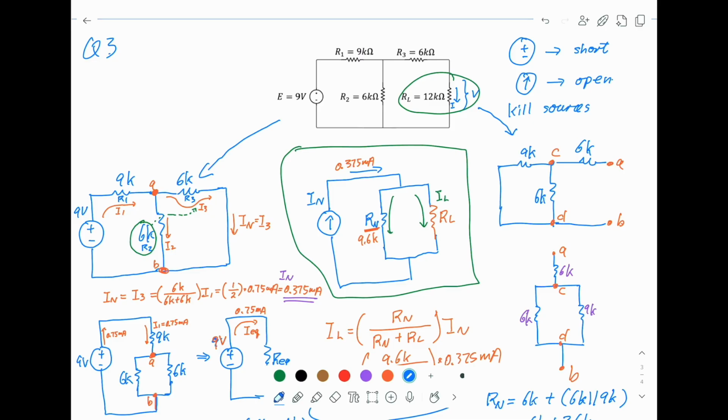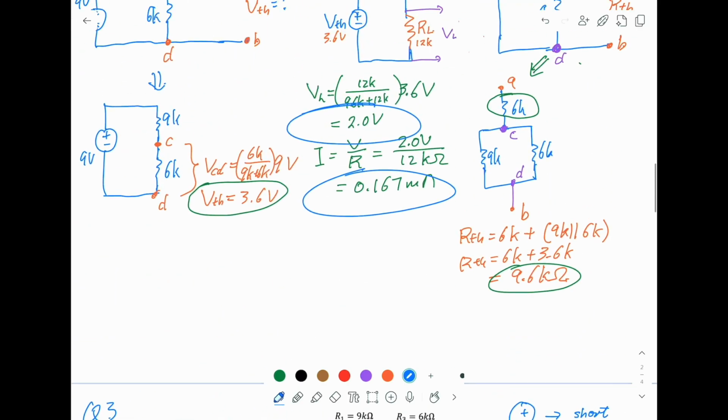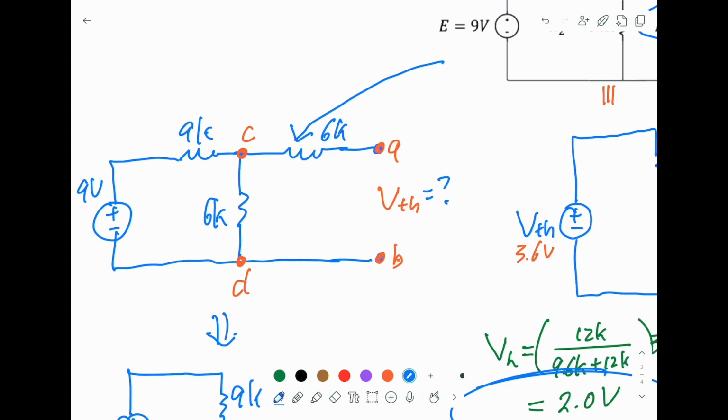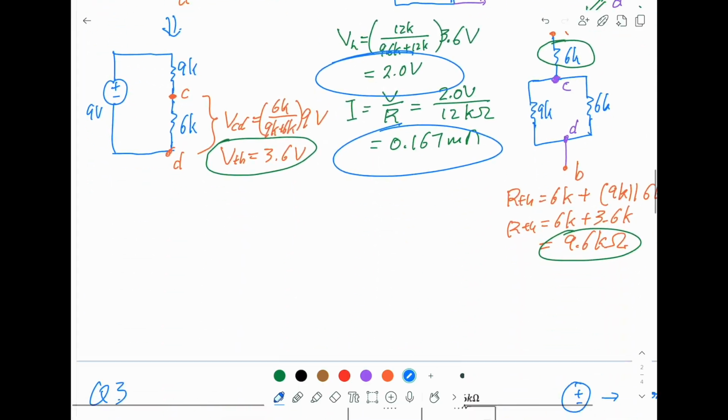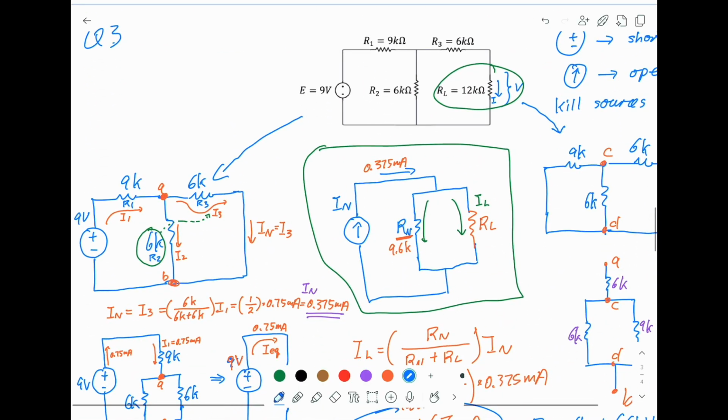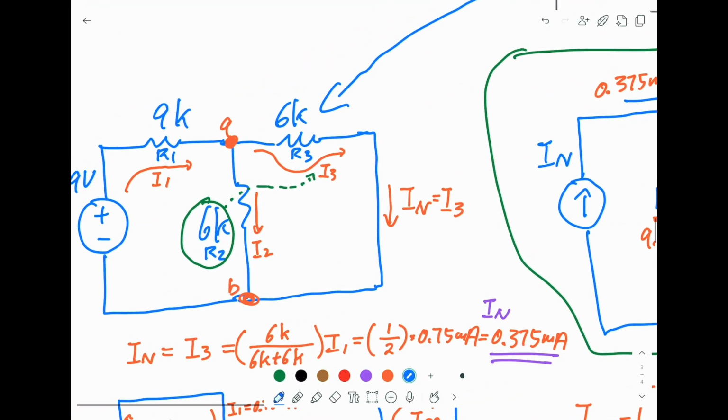You should remember when you do the Thevenin, you just remove the load and find the voltage across it. When you do Norton, you remove the load, but at the same time, you reconnect it, so you can find the current passing through it.